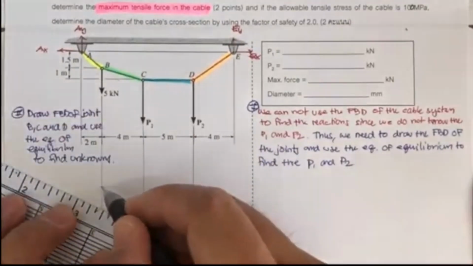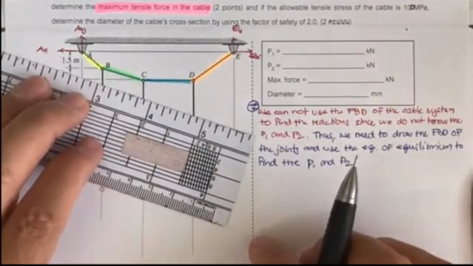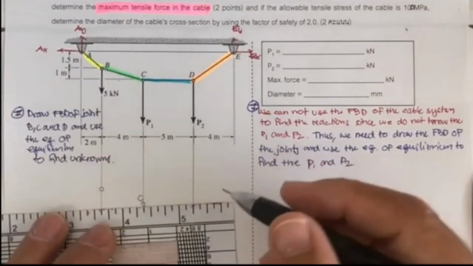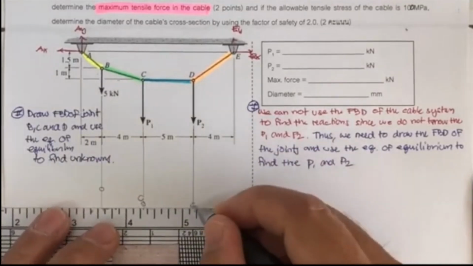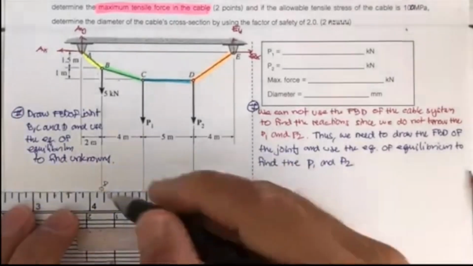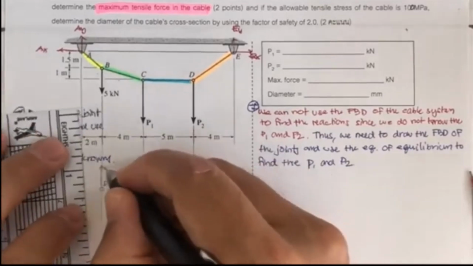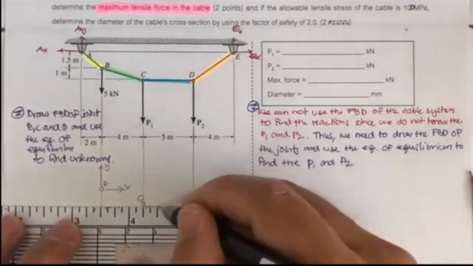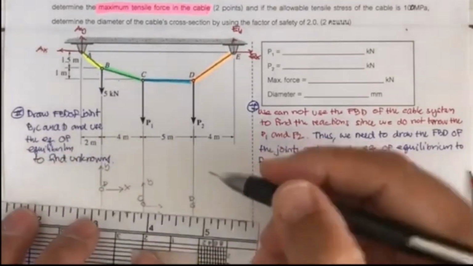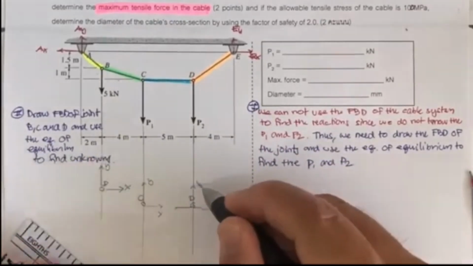We start with joint B here, and in parallel you may have this at joint C, and also if you project it horizontally you will get this, the point D. So this is B, C, and D. You also need to put the X and Y axes to have the reference for each joint. This is X, and this is Y.